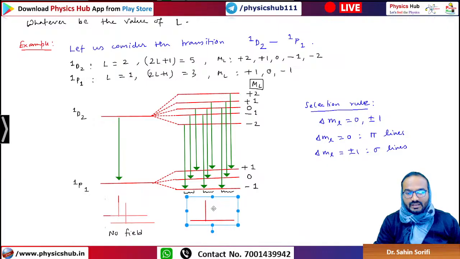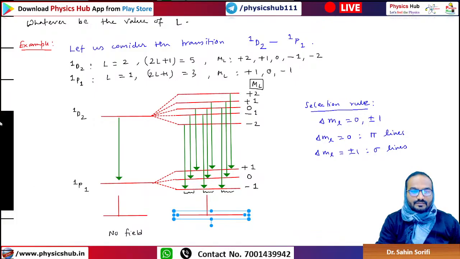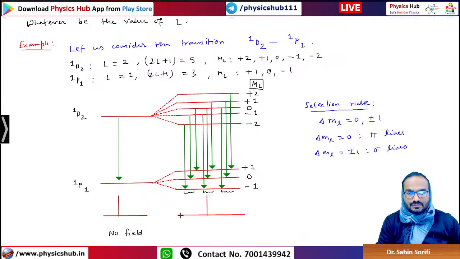So here how many lines will you get? You will get firstly the central unshifted line, in addition you will get 2 more lines in this way.